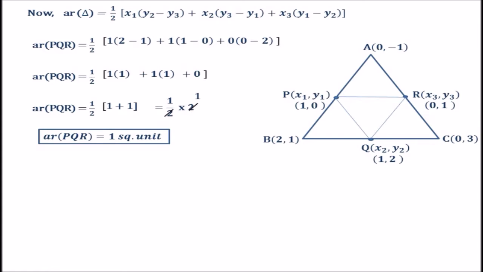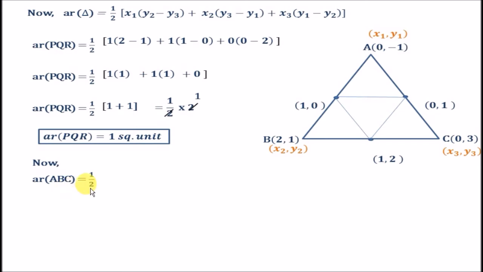Now we also need to find the area of the given triangle, as we want the ratio of the areas of the two triangles. So point A here will be (x1, y1), point B, let's take it as (x2, y2), and point C as (x3, y3). Now let's put the values in the formula for area of a triangle.